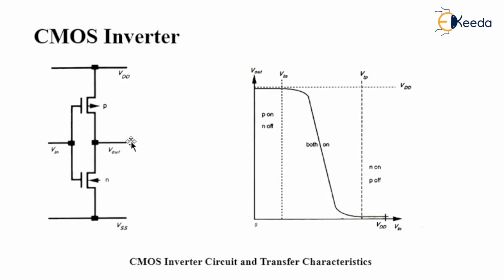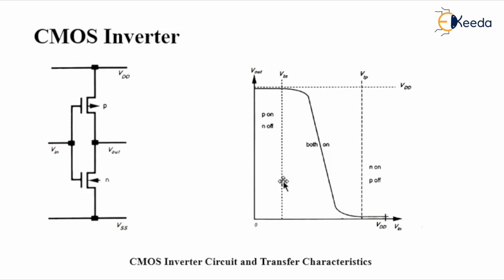This is the P channel MOSFET and this is the N channel MOSFET. Now I am going to combine both the gates of PMOS and NMOS into one element, which is considered as input. Between these two, there is one node where I am going to take the output.